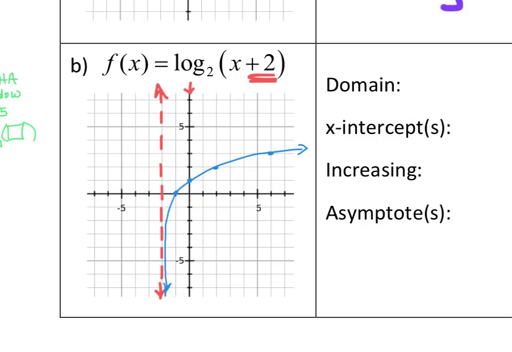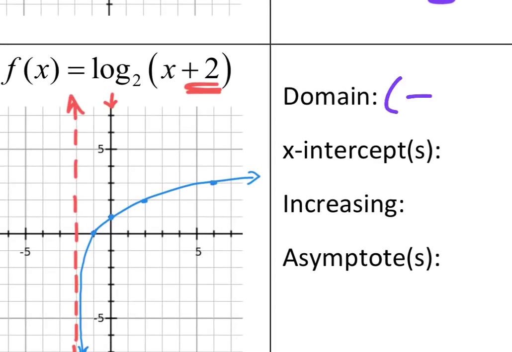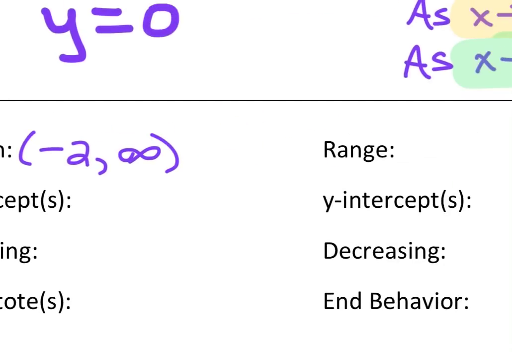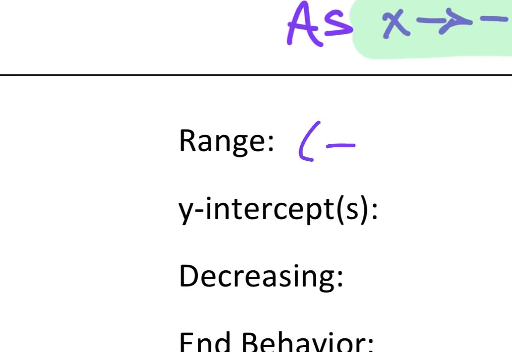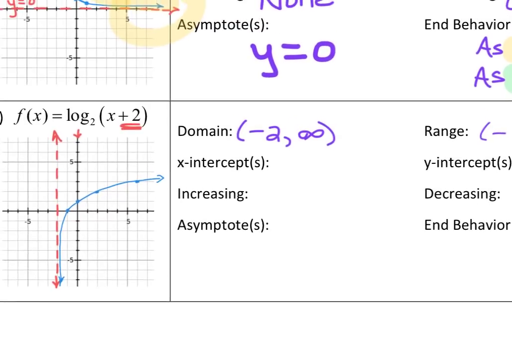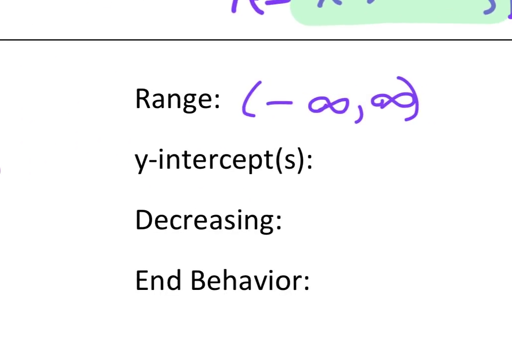And so my domain here is going to be -2 to positive infinity. All logarithmic functions have a range of all real numbers. My x-intercept here is -1. My y-intercept here is +1.